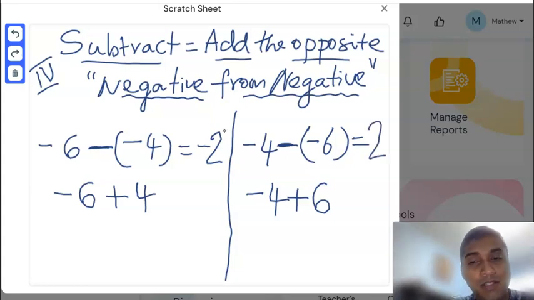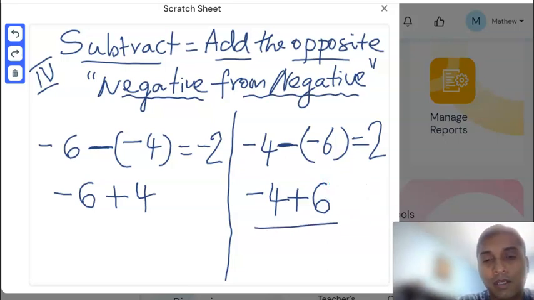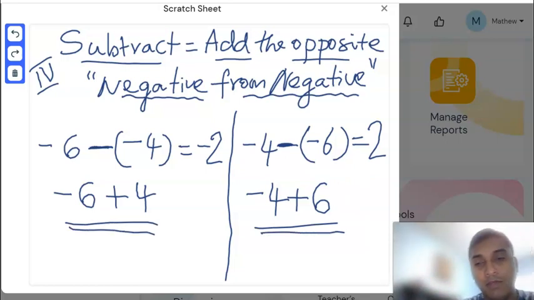That's because of the nature of the numbers. You cannot generalize that the answer would always be negative or always be positive, because after you rewrite, it depends on what kind of numbers you have. Based on the difference between the absolute values, sometimes it can turn into positive, sometimes it can turn into negative.